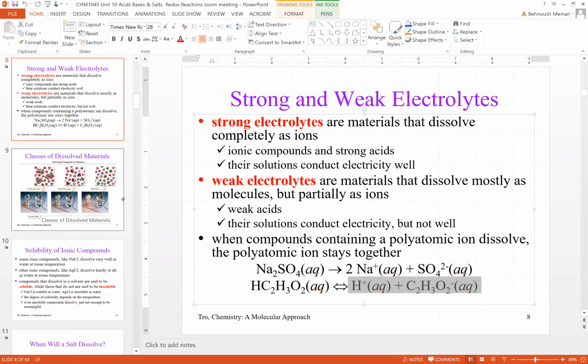Examples of weak electrolyte could be weak acids, weak bases, and some ionic compounds that don't dissolve completely in water. Non-electrolytes would be insoluble ionic compounds and molecular compounds because they don't generate ions.